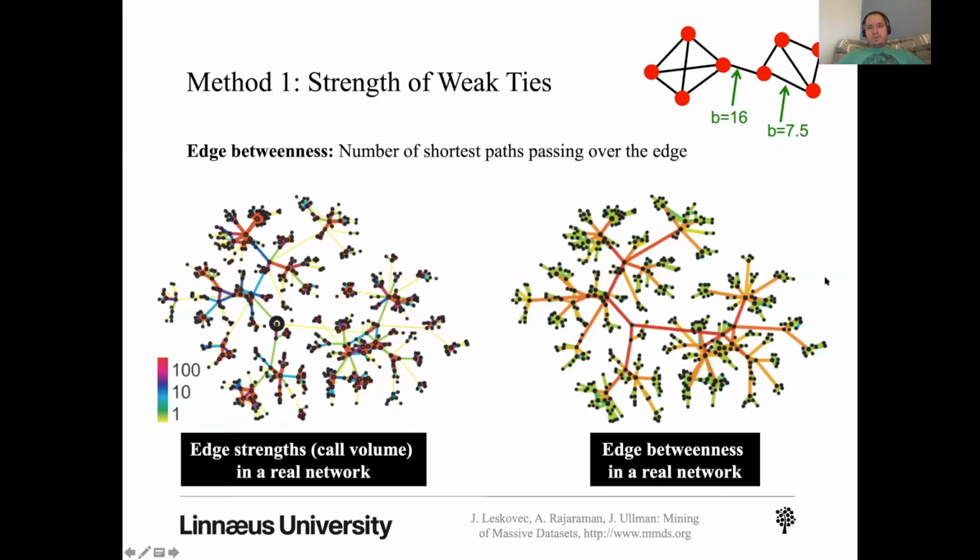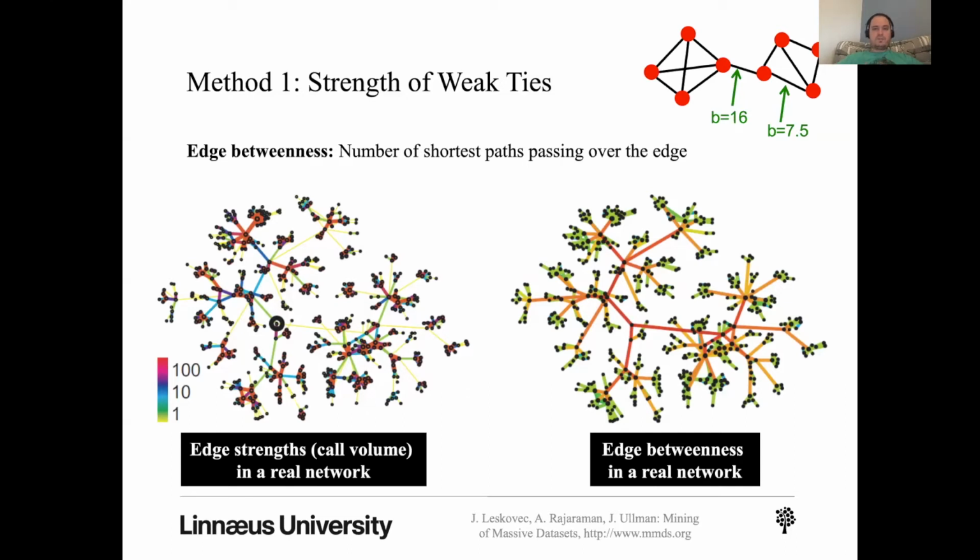The first method that we're going to talk about is based on what's called the strength of weak ties. Of course, what is a weak tie, right? Basically, you can consider that when an edge is connecting two different communities, considering this idea that we have of communities, these ties are weaker than ties that are inside a community.